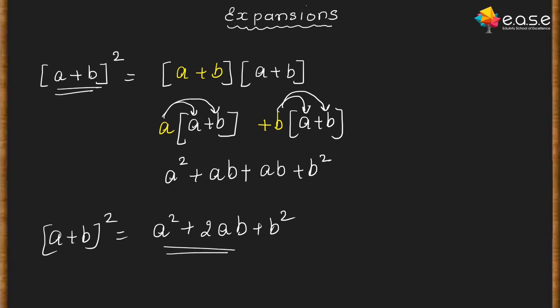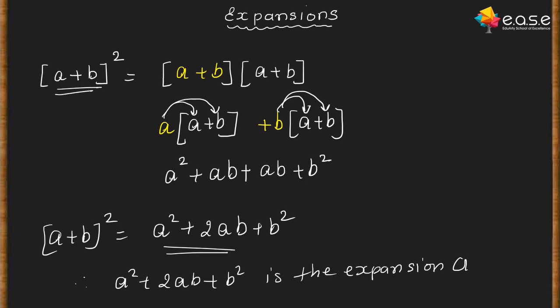So we can say that a square plus 2ab plus b square is the expansion of a plus b the whole square. Are you getting it? This is what expansion is, to expand something.